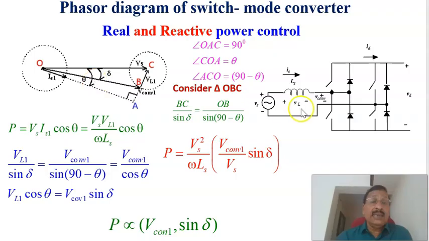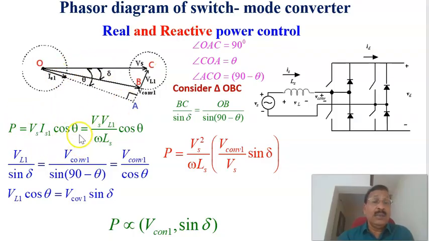Now the real power flow from the AC grid into the DC side can be calculated as P equal to the voltage Vs into the fundamental current Is1 into the cosine of the angle between Vs and Is1, which is equal to cos theta.